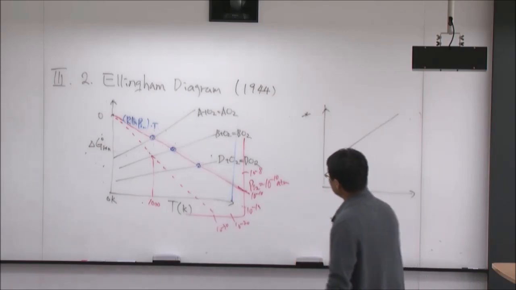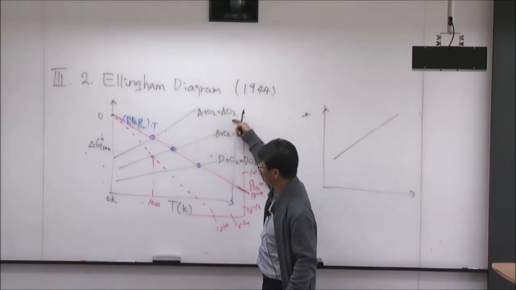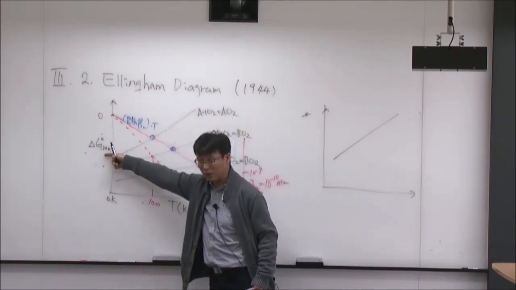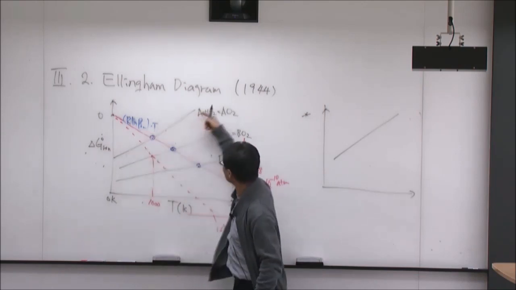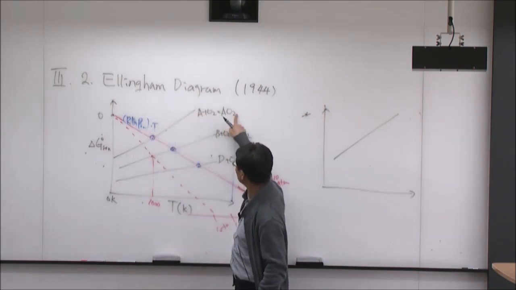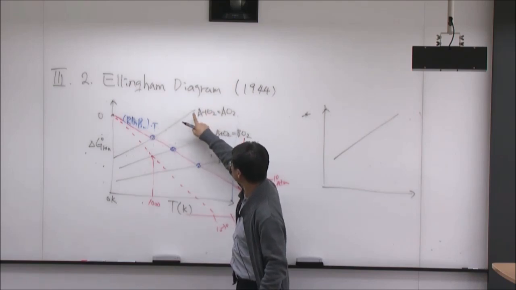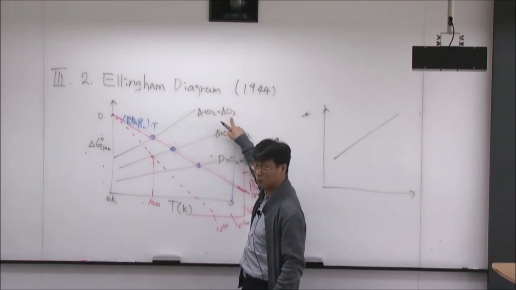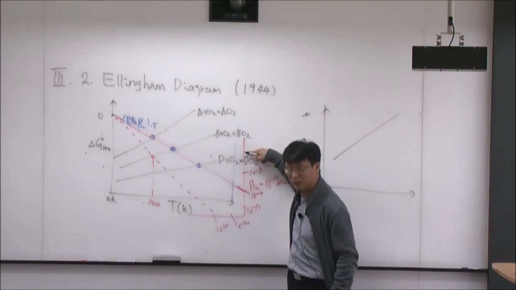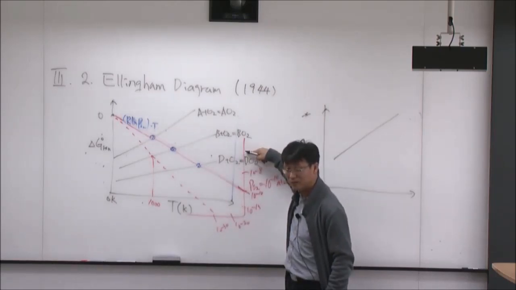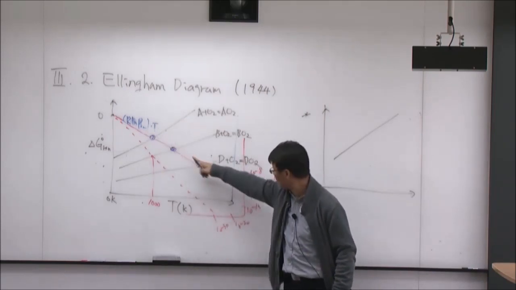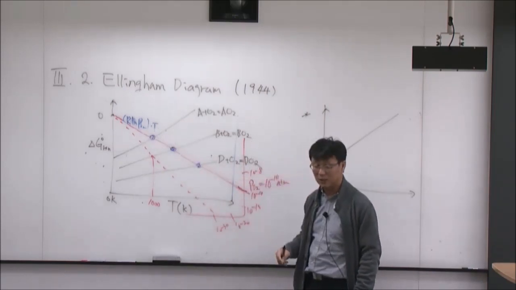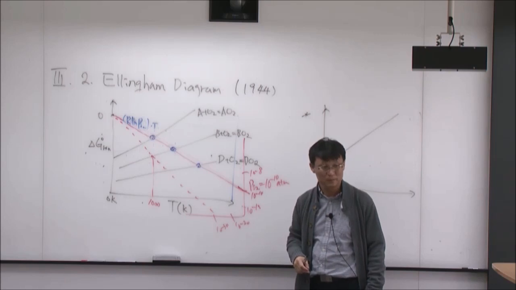So for example, if you make twice this chemical reaction, delta G of reaction becomes twice bigger, or twice more negative. If this is a negative value, 1 mole of O2 is like this, and 2 moles of A plus 2 moles of O2 becoming 2 moles of AO2, then the delta G curve will be here. But that contains 2 moles of oxygen, so it cannot be on the same line, according to the oxygen equilibration line.